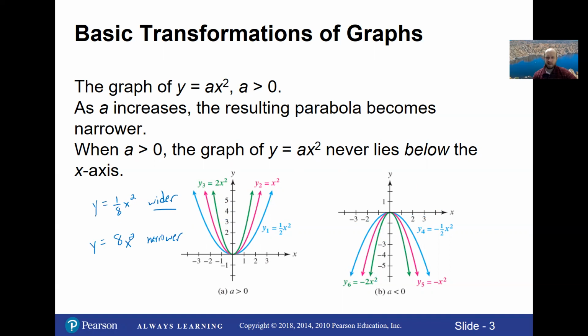Same idea here: if a is less than -1, it's going to be closer to the y-axis, and if it's between 0 and -1, not including 0, it's going to be wider.